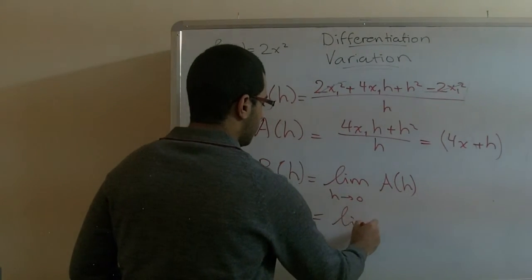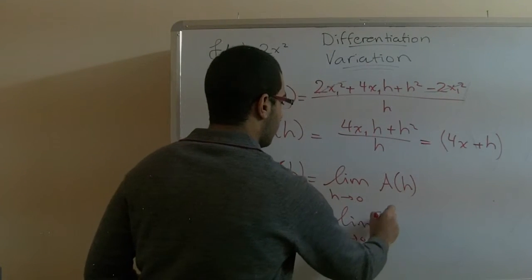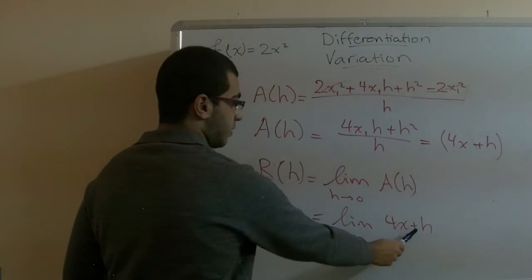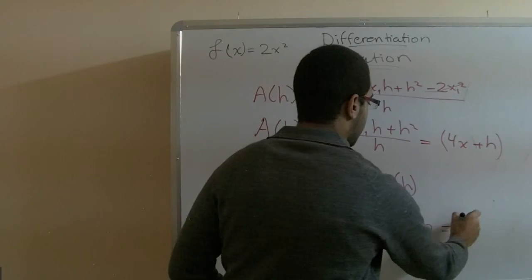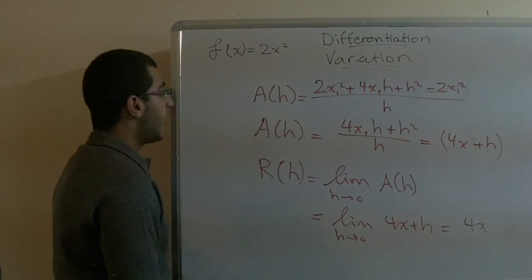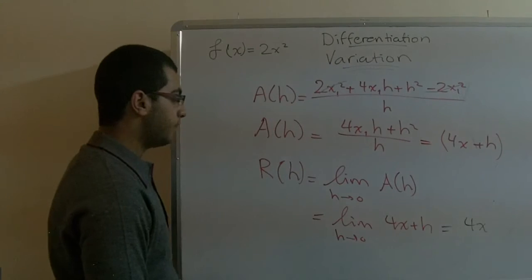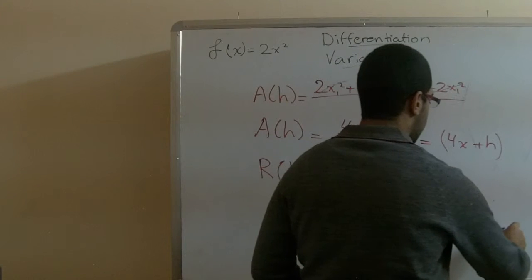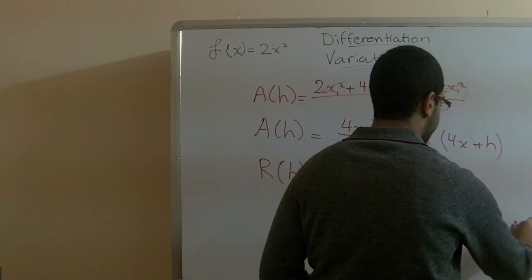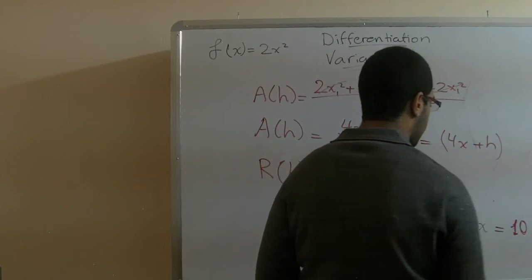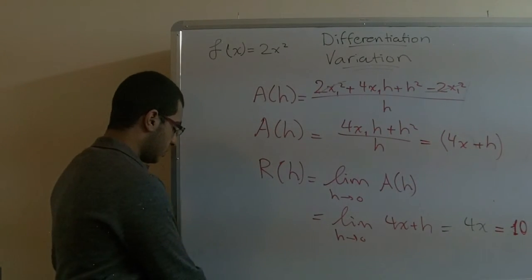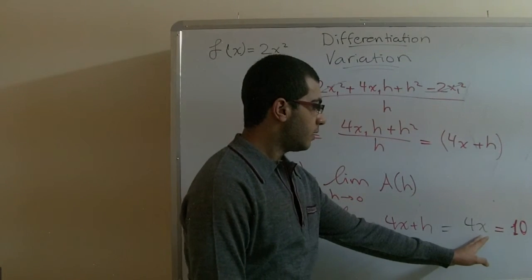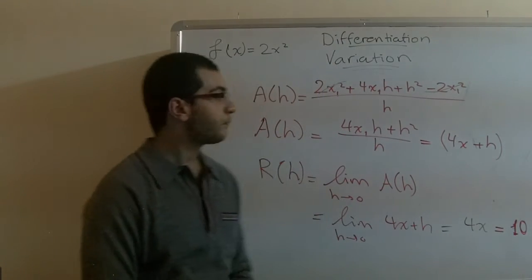Easily here, the limit as h approaches 0, we substitute h equals 0 to get finally 4x, and substituting with x equals 10 as we had in our problem, the final result is 40, if the length equals 10, not the width, because the x here represents the length.